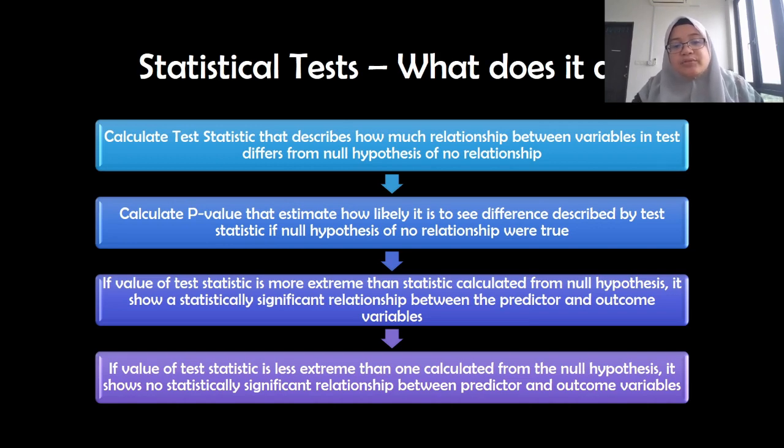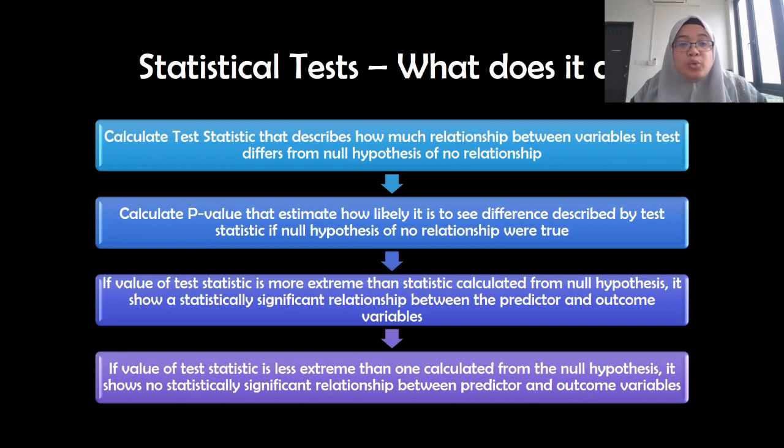Then if the value of the test statistic is more extreme than the statistic calculated from the null hypothesis, it shows a statistically significant relationship between the predictor and outcome variable. If the value of the test statistic is less extreme than the one calculated from the null hypothesis, it shows no statistically significant relationship between the predictor and outcome variable.